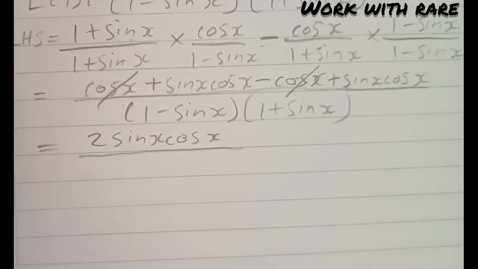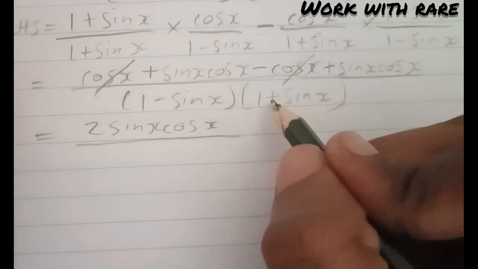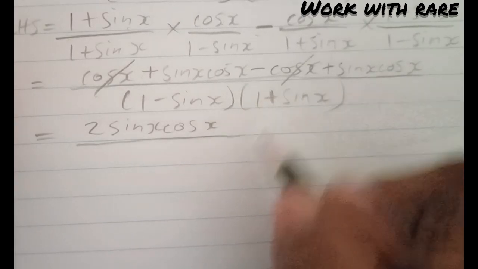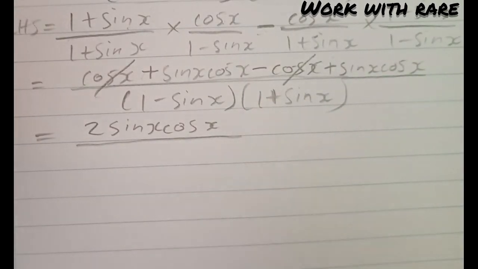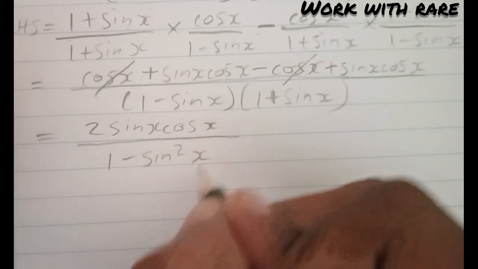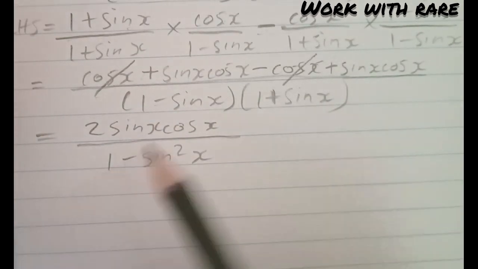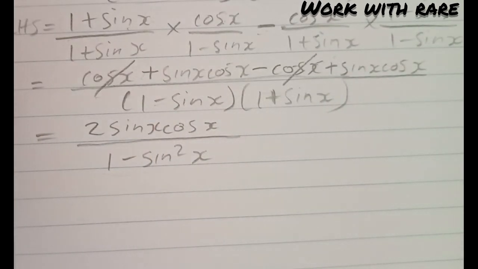For this one, you don't know what to do, so you have to write it in this form, because if I break this I will get this, and a negative multiplied by positive is negative.